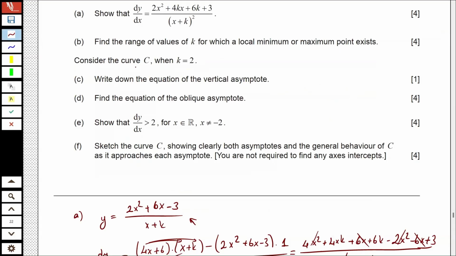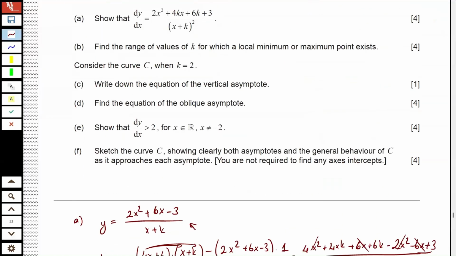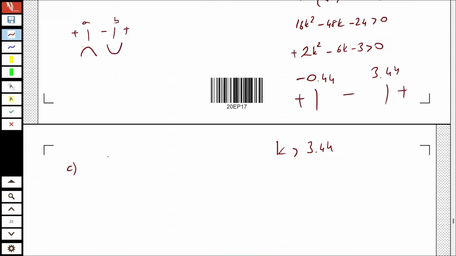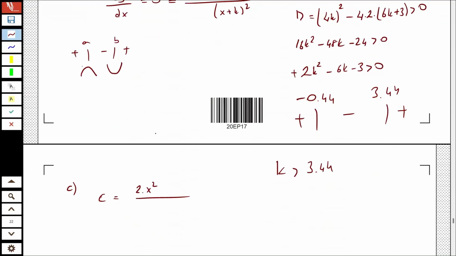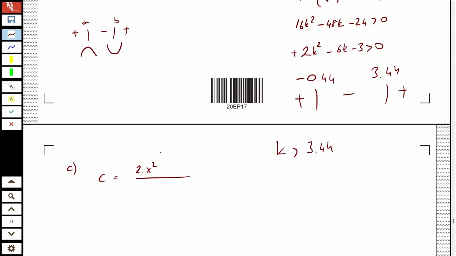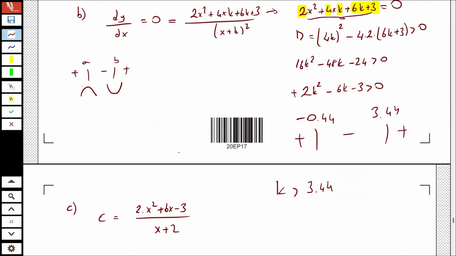Consider the curve C when k equals 2. Write down the equation of the vertical asymptote. So let's think about the curve: 2x² + 6x − 3 divided by x + 2.